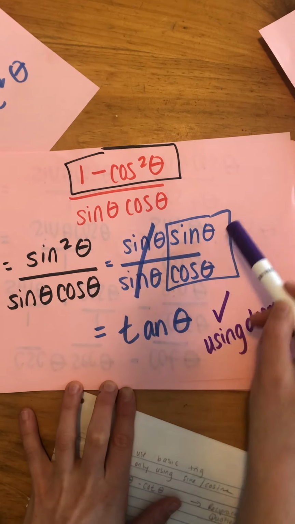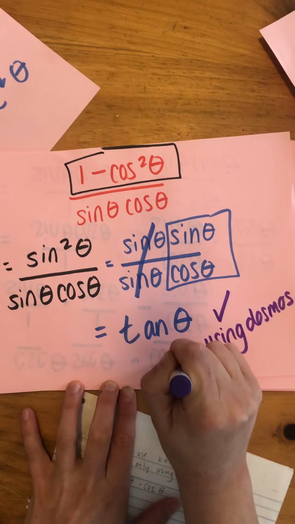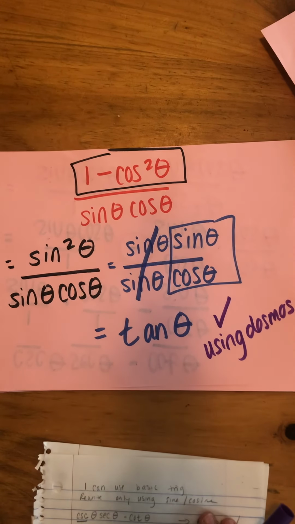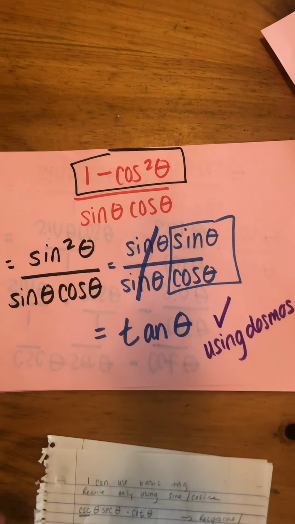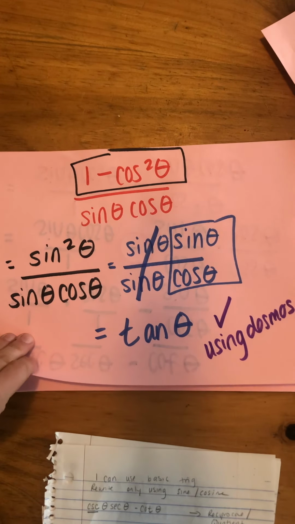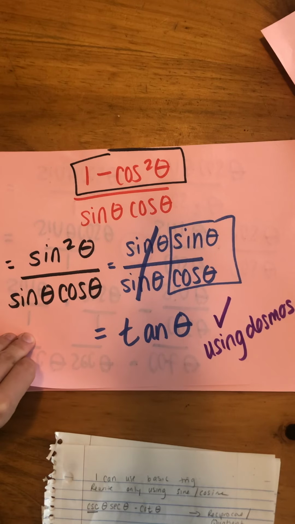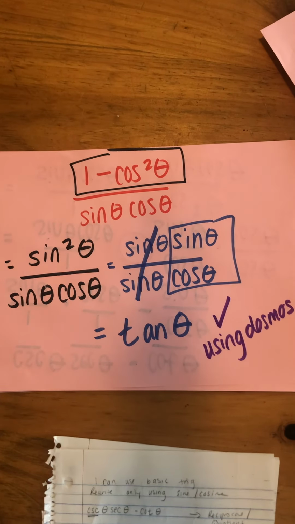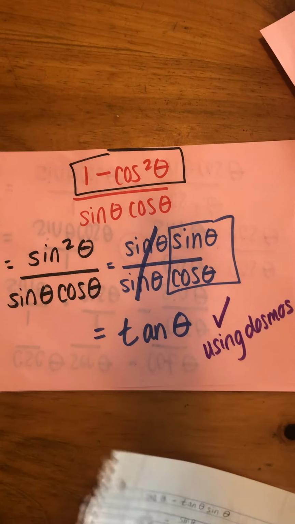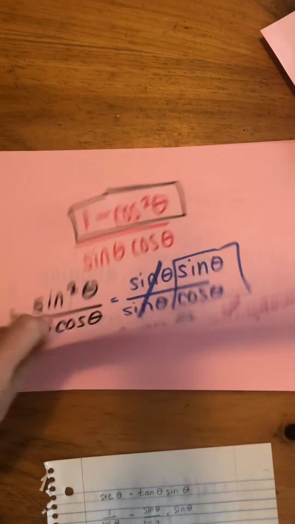We canceled. Sine over cosine is actually tangent. We can use Desmos to check the graphs, and I'm going to do that on the Google Slides, you'll see. So that's using our rules to rewrite. Okay, we can do another one together.